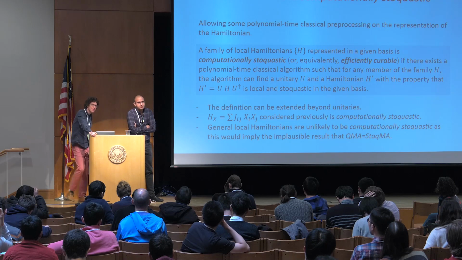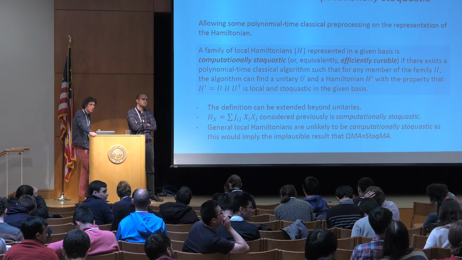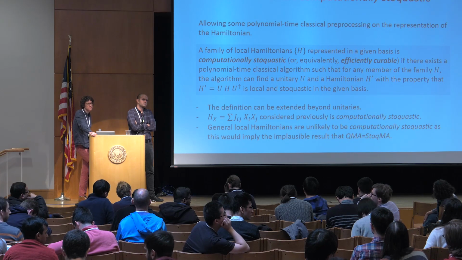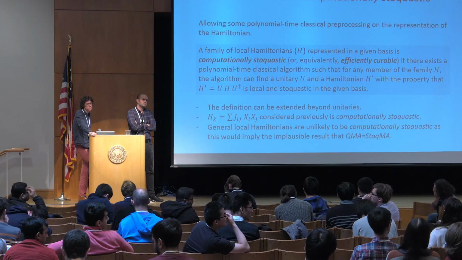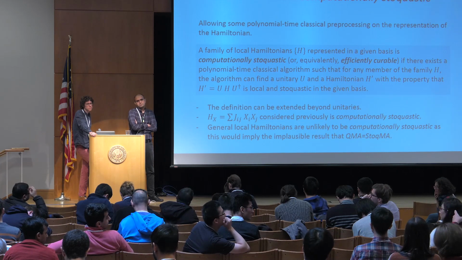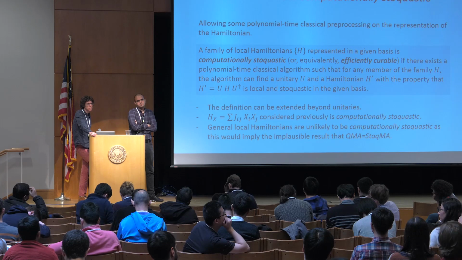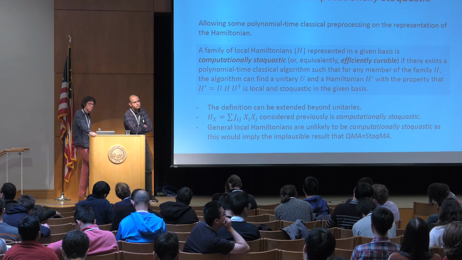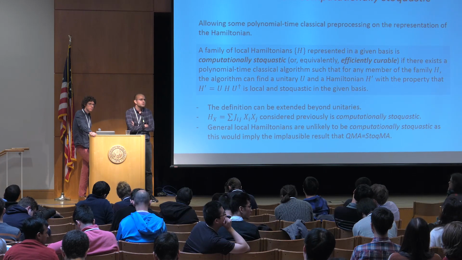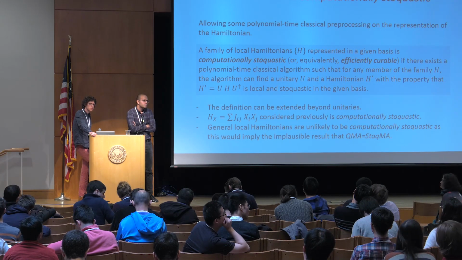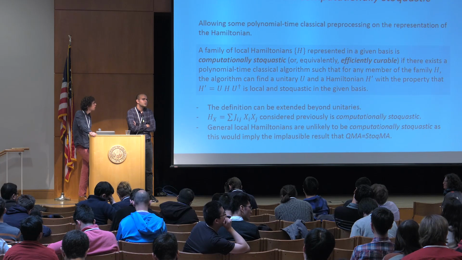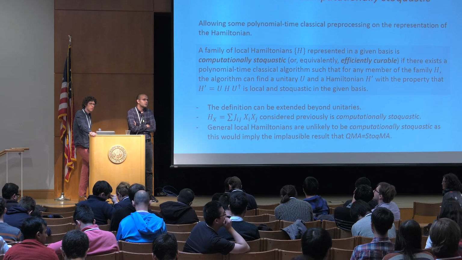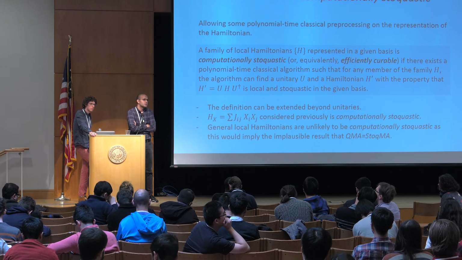Sorry, I didn't get the last part of the question. Well, let's look at this. We begin by saying that there exists some Hamiltonian family such that H prime equals I H I, because it starts out being stochastic. So there clearly exist Hamiltonian families that have that property. And then we say there also exists a family of local Hamiltonians that have the property that U is a relatively trivial function.